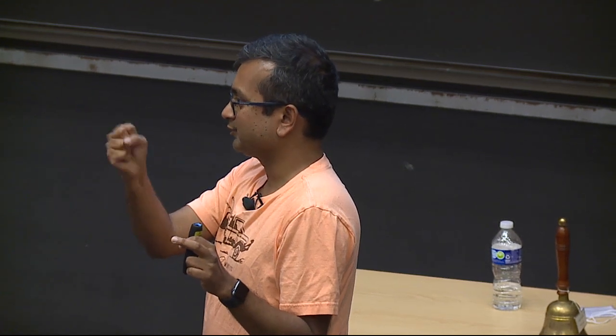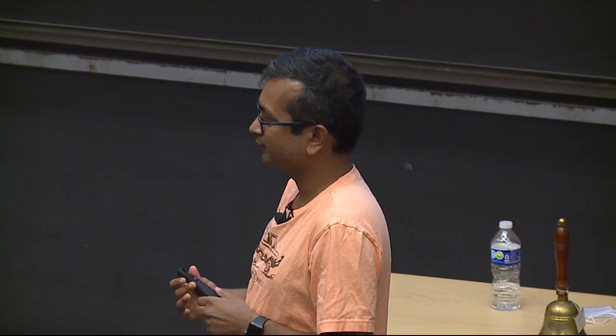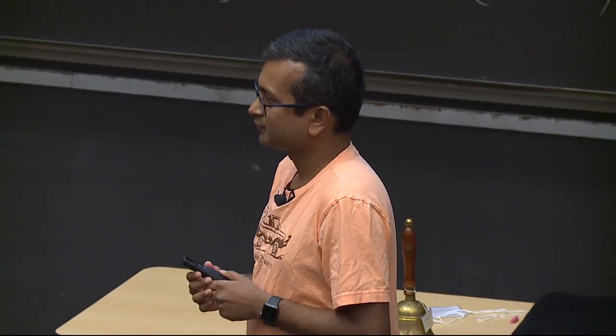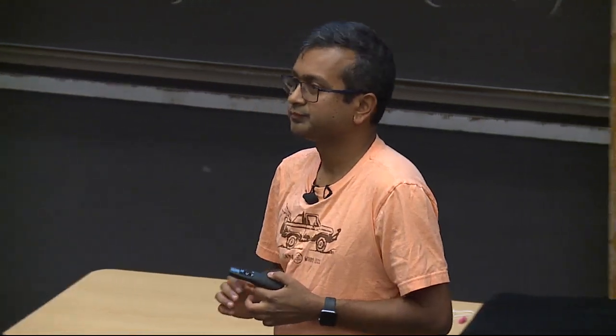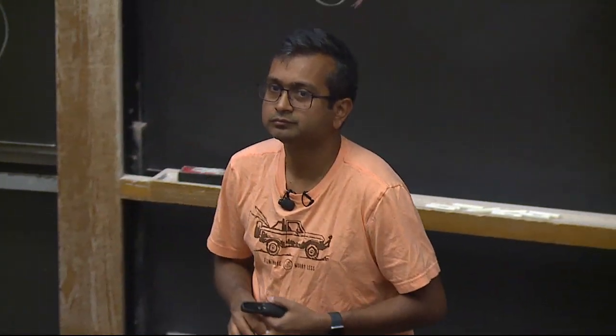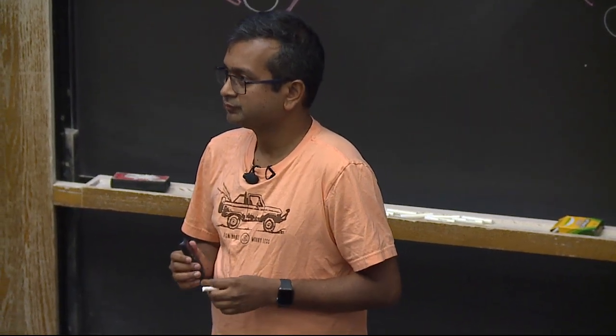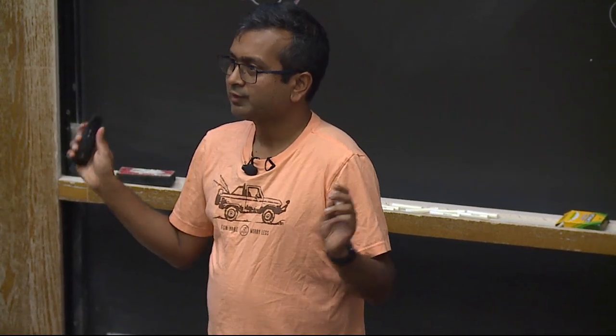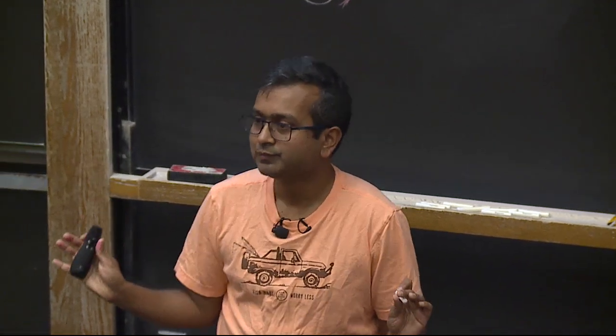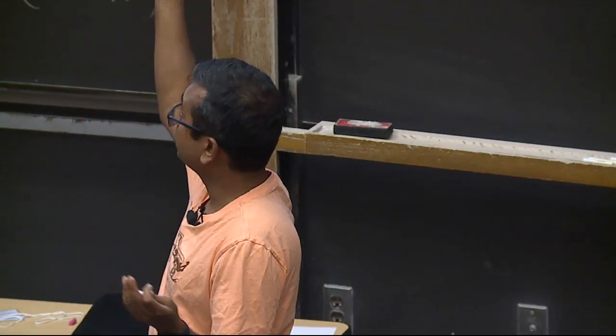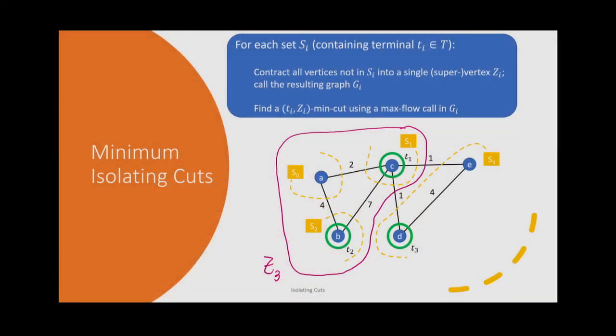The contracted set just becomes a single vertex. Okay? So that's my entire algorithm. So in the last step, whatever ST_min_cut returns, that's my minimum isolating cut.